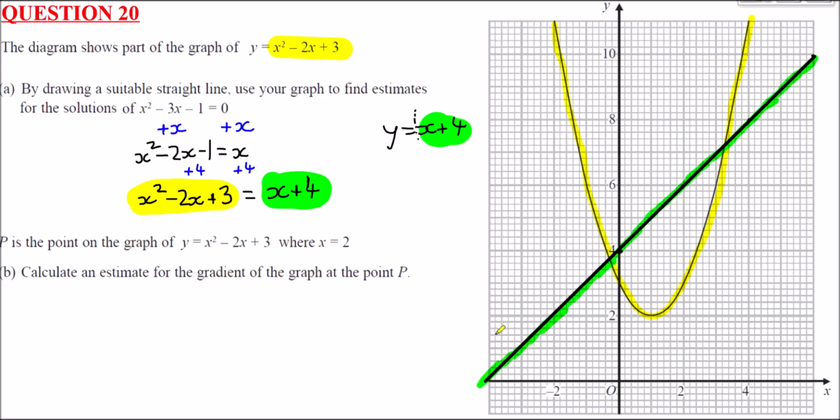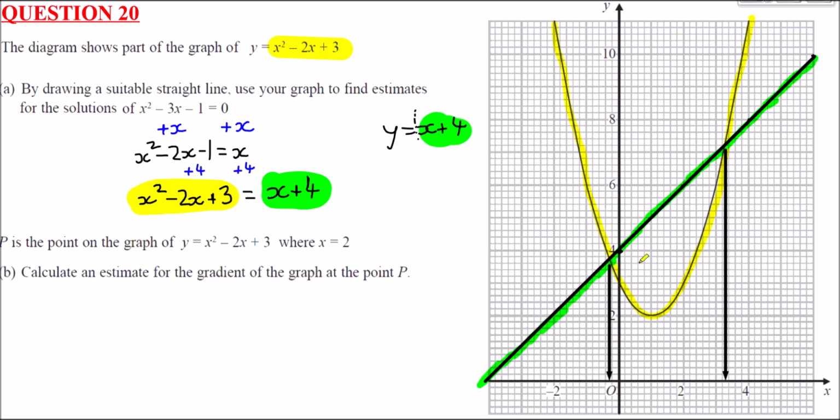So next up, what we need to do is to actually think about where these hit each other. So these two intersect at this point here. If I drop a line down and think about what that value is, and also over here, if I drop a line down and think about this value too, that will tell us what our solutions should be. So what values of x do we need to read off?